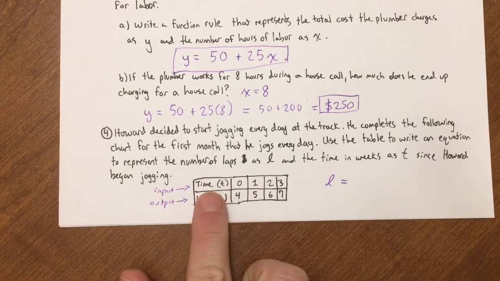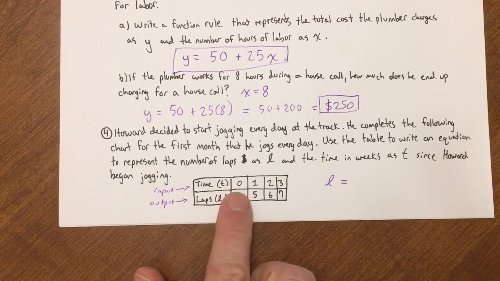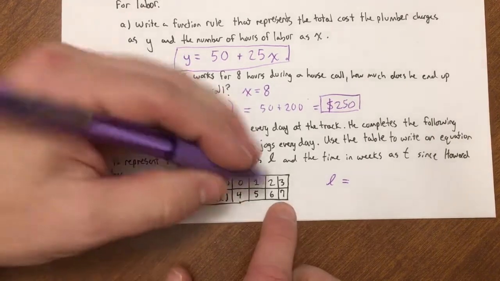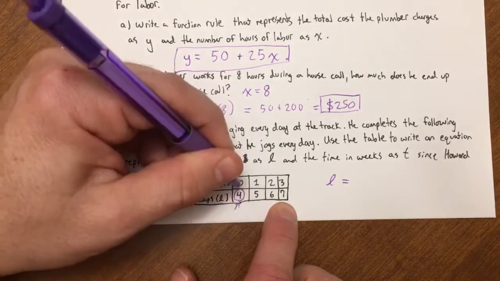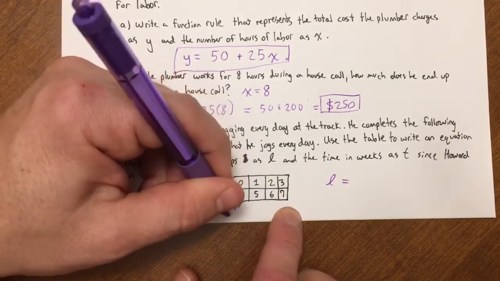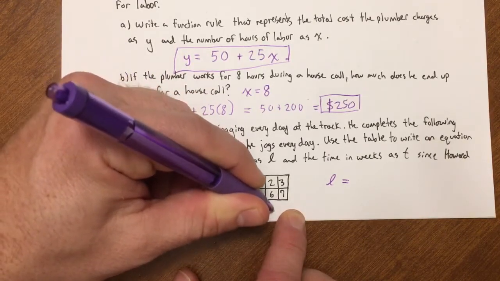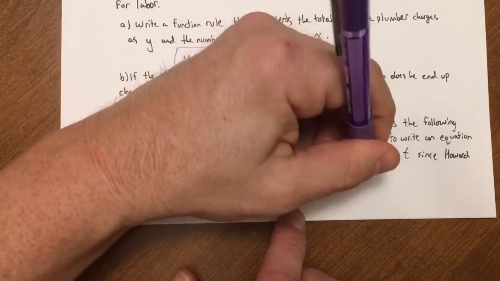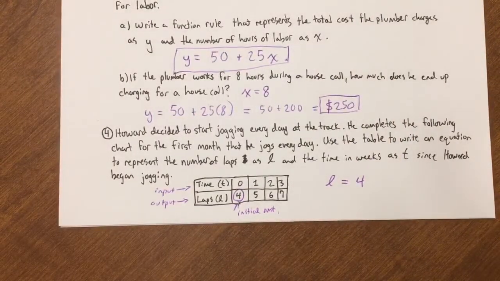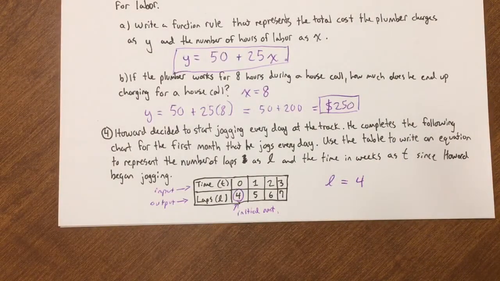Well, at time t equals 0, this indicates his starting amount of how many laps he starts off running. So this number, when t is 0, gives us our initial amount. That's the number we're going to be starting with in this function rule.